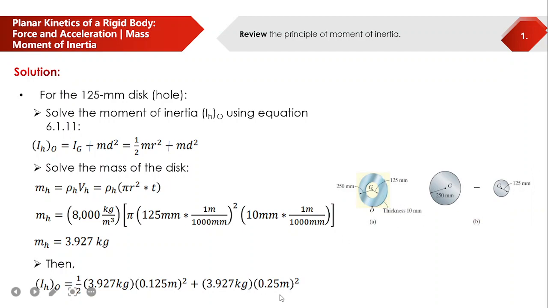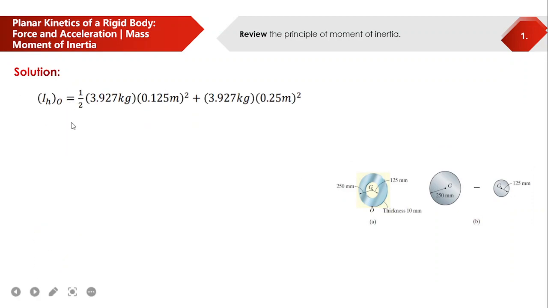So, dapat yung D nyo dito, same din sa D ng whole disk nyo. Okay? Para meron din silang contribution sa each other sa whole body. Okay? Take note, class, that the D will be equal to the distance from the point O to the center of mass. Okay? So that will be 3.927 kilograms times 0.25 squared. So therefore, the moment of inertia of the hole is equals to 0.276 kilograms meter squared.